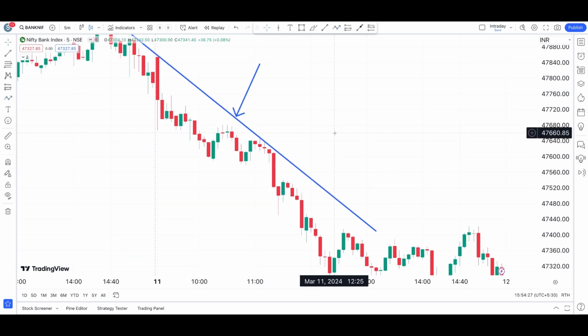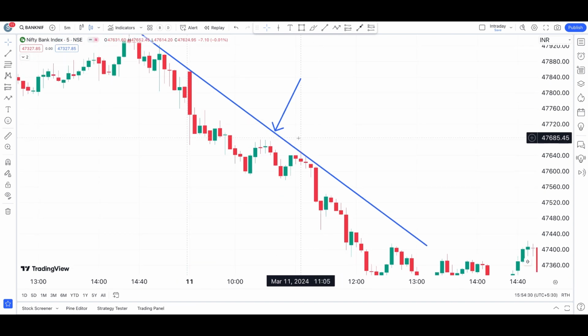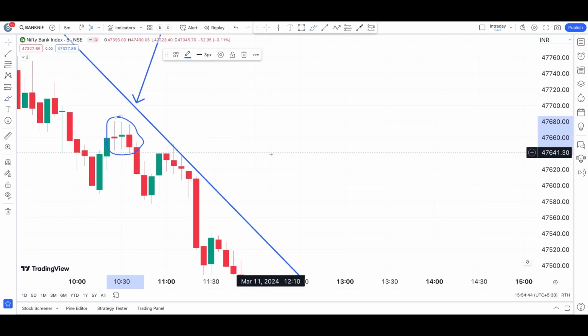So when did that happen? Here, there was some confusion. Some might have thought that since the 10:30 and 10:35 candles put together form a bearish engulfing pattern. Let me zoom in a bit so that you can see better.